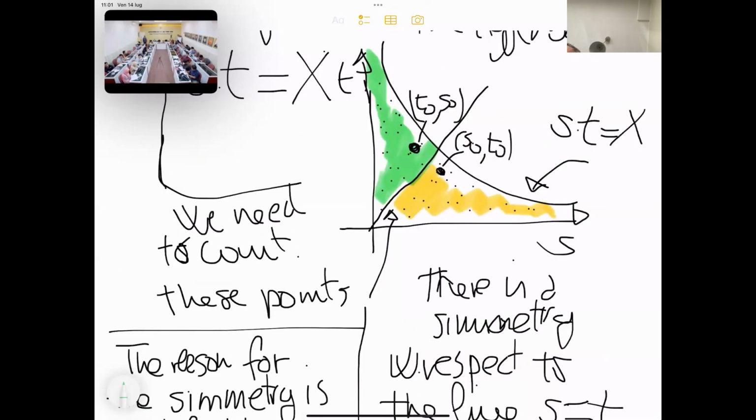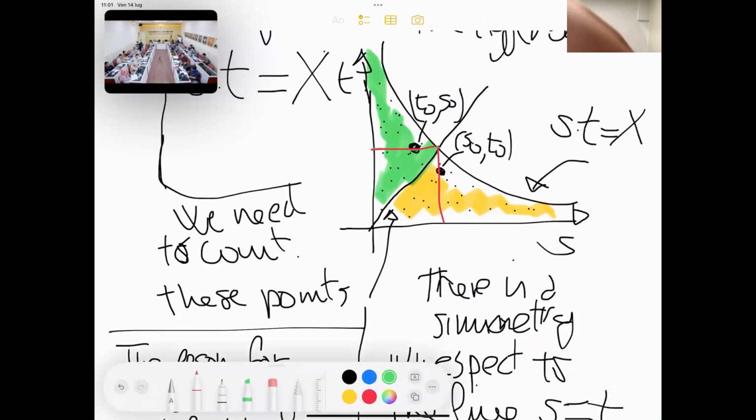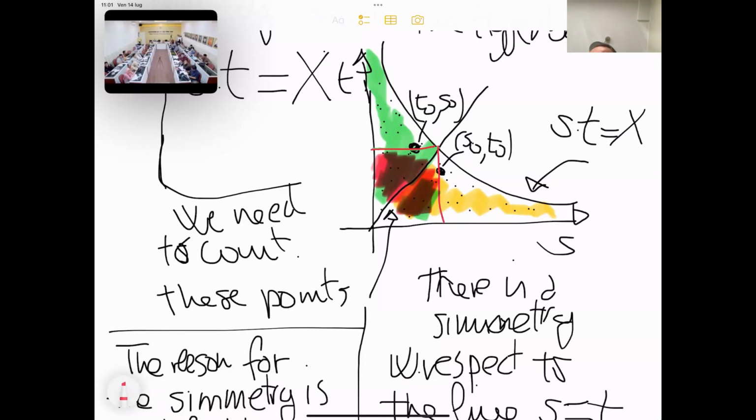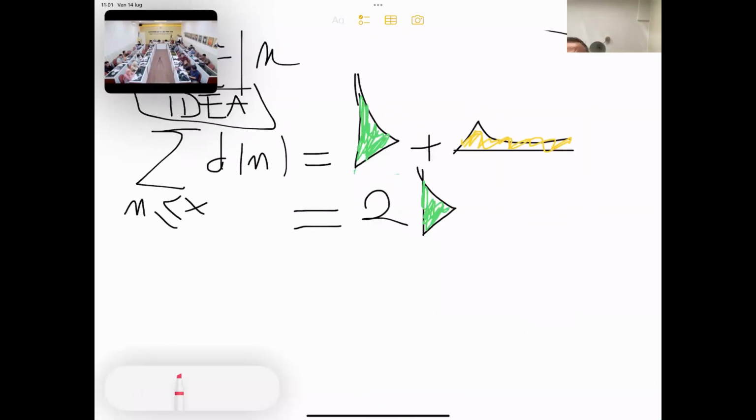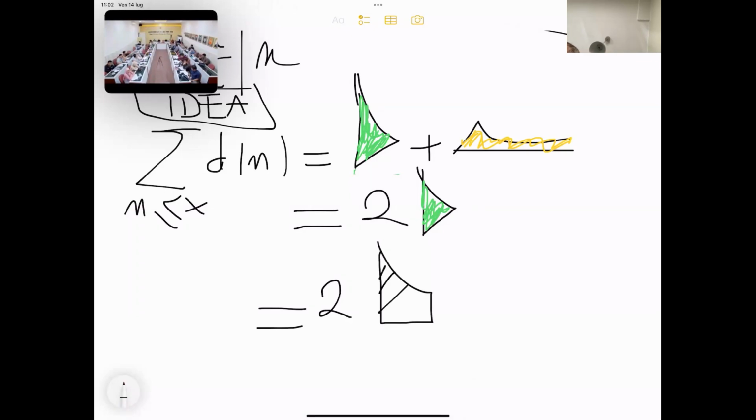Now, it turns out that there's even a better way to count them. The way is to isolate the points in this square and write the following: this is equal to twice the points in this region.